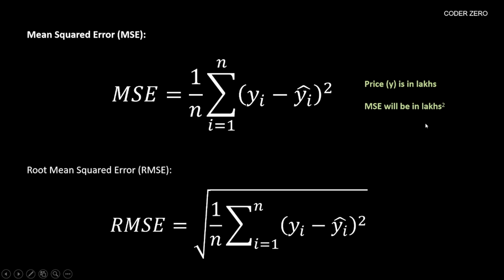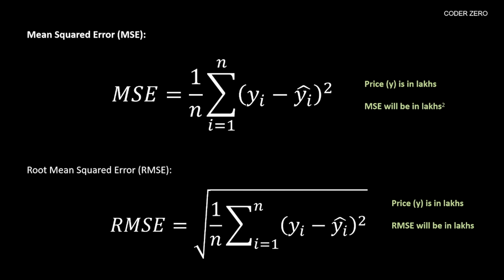If we take the square root of this, we have something called root mean squared error, and here we have solved this squared issue with the units. That means units of RMSE will be in lakhs, which is similar to the units of y.